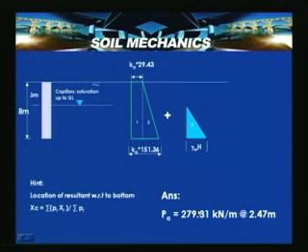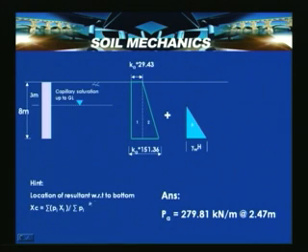So in this situation the pressure diagram changes, having Ka into 29.43 at the top and Ka into 151.136 ordinate at the bottom, and the resultant of this trapezium is nothing but the total active thrust, given here in a simplified way, PA is equal to 279.81 kN per meter acting at 2.47 meters from the base.